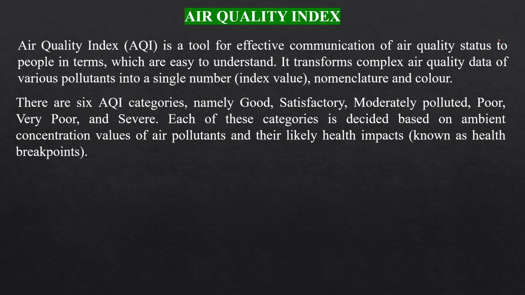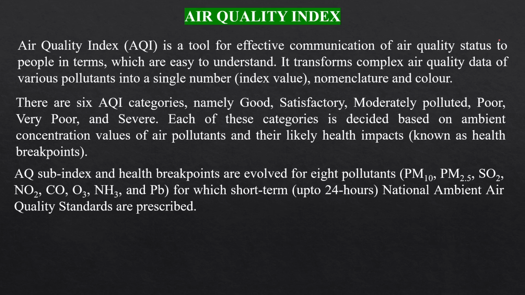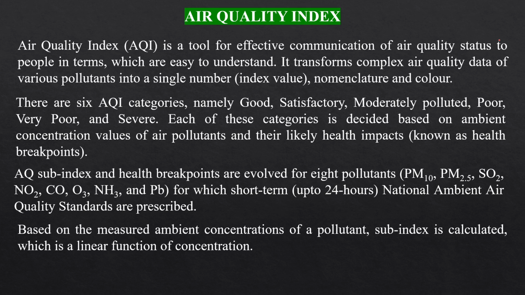Each of these categories is decided based on ambient concentration values of air pollutants and their likely health impacts, known as health breakpoints. Air quality subindex and health breakpoints are evolved for 8 pollutants: PM10, PM2.5, sulfur dioxide, nitrogen dioxide, carbon monoxide, ozone, ammonia, and lead, for which short term, up to 24 hours time weighted average, national ambient air quality standards are prescribed.